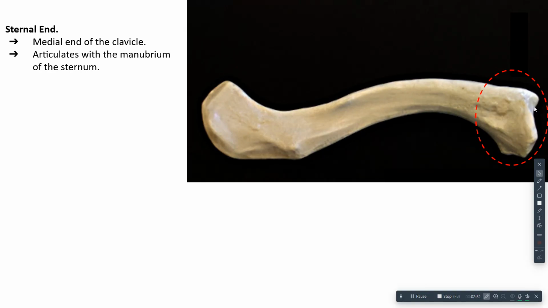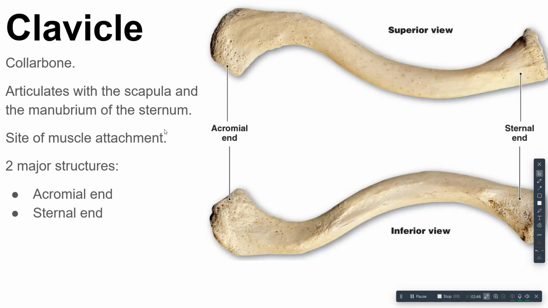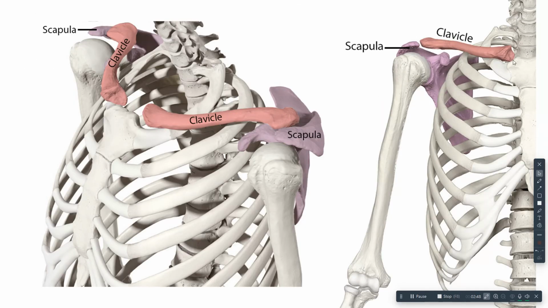The sternal end is rounder, especially when you rotate this clavicle. The sternal end is medial. The sternal end is going to articulate, of course, with the sternum, specifically with the manubrium of the sternum. If I go back, here is my sternal end right here.